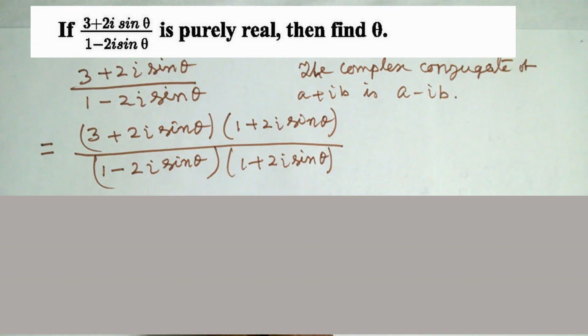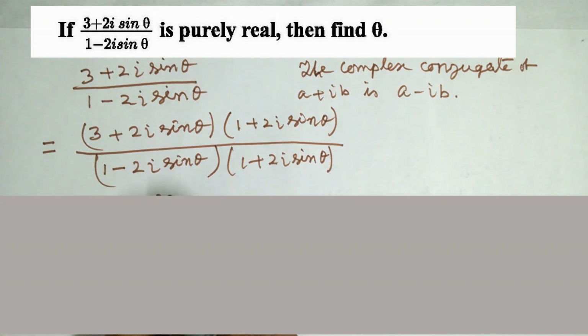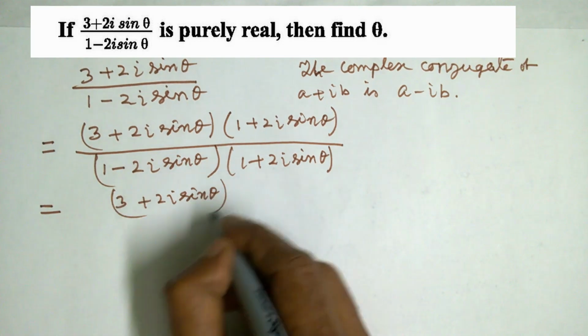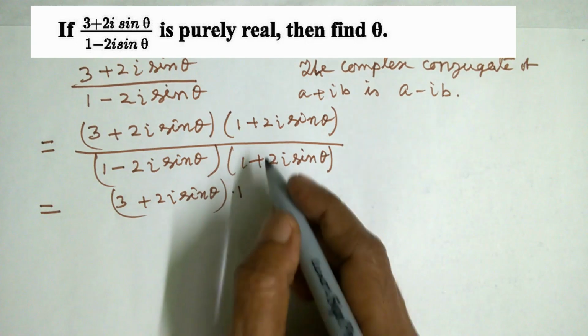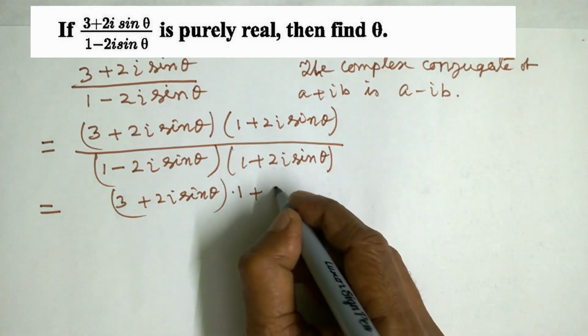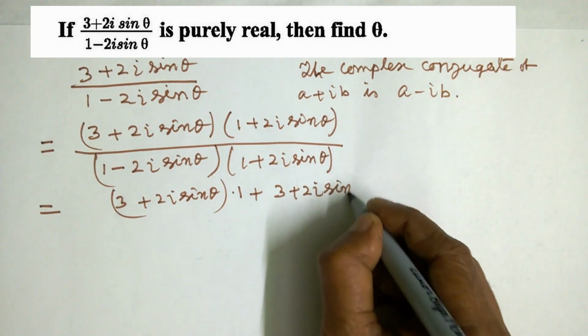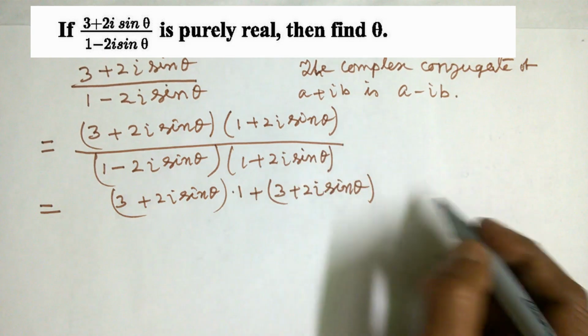Now multiply numerators and denominators. That is (3 plus 2i sin theta) multiplied by 1, plus (3 plus 2i sin theta) into 2i sin theta.